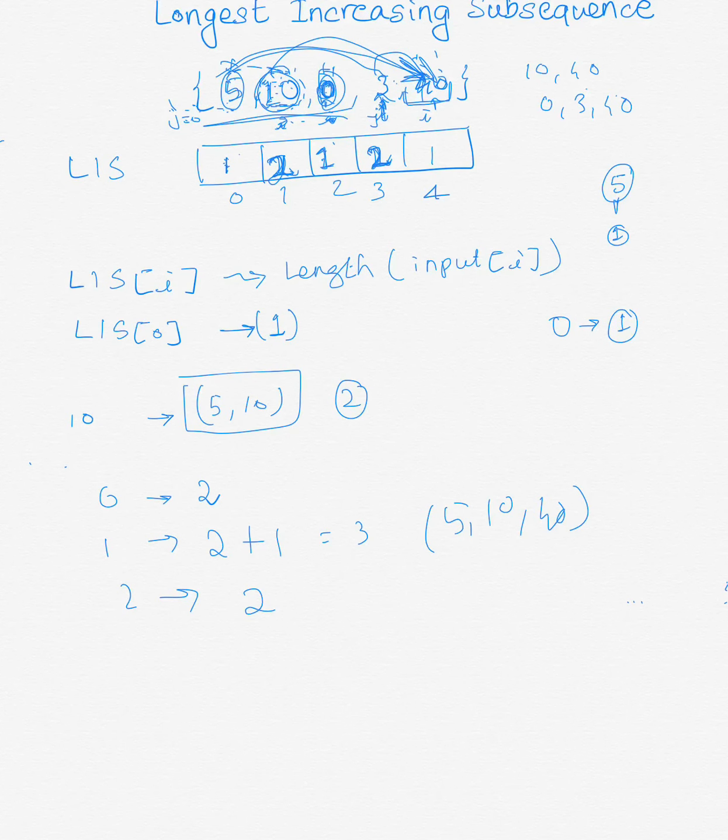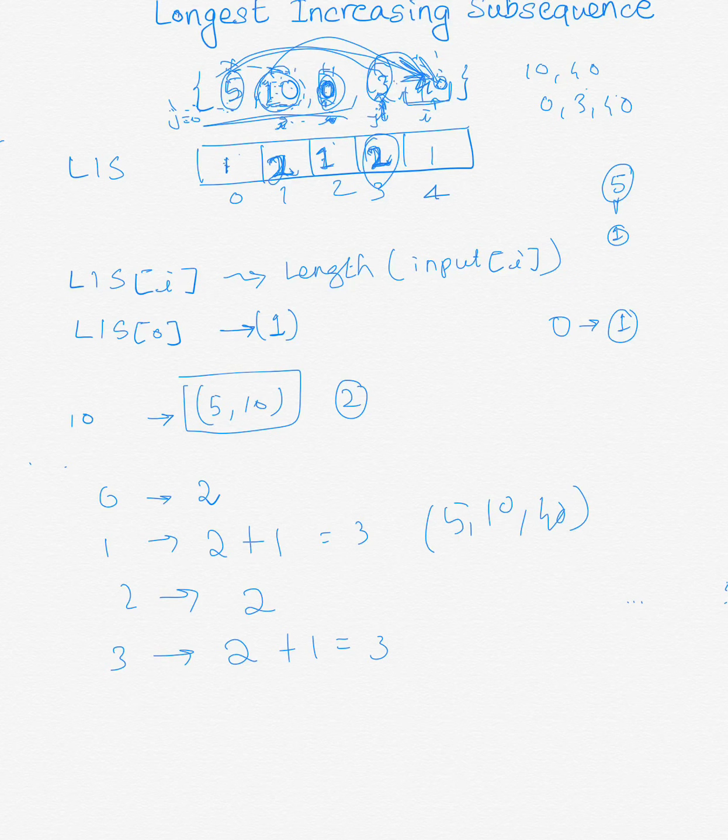The length of that subsequence will be the length of the longest increasing subsequence ending with 3 plus 1, because we are adding 40 to it, and the length of the longest increasing subsequence which ends with 3 is 2. So at the third index we will just say 2 plus 1 equal to 3.